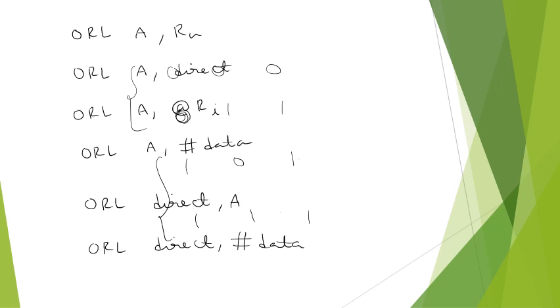So when the accumulator is the destination byte, then we have the four addressing modes used. The first one is register, then direct, then register indirect, and immediate data. And when the destination byte is direct address, the source byte can be either accumulator or immediate data.